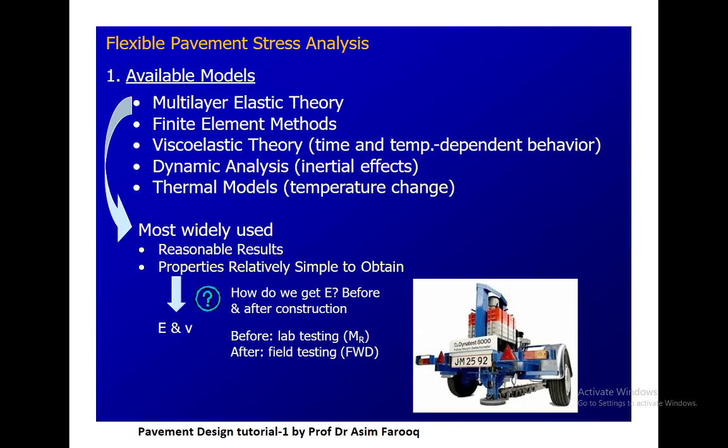So the available models we have: the first one is multi-elastic layer theory, the second one is the FEM model, the third one is viscoelastic theory, the fourth one is dynamic analysis, while the fifth one is the thermal model. All those models are widely used, but in specific scenarios.